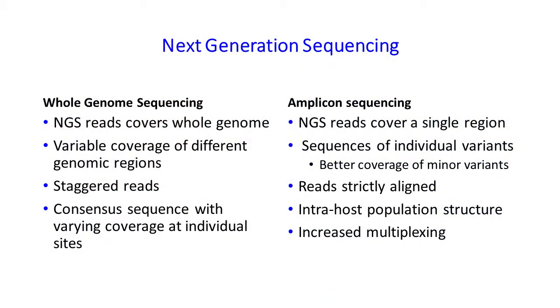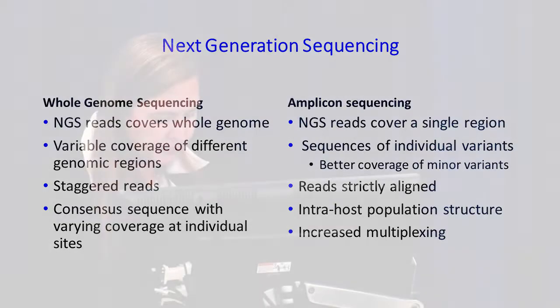As stated previously, there are two approaches for next-generation sequencing: whole genome sequencing and amplicon sequencing. Whole genome sequencing, again, provides variable coverage of the different genomic regions and is useful for large-scale classification of viruses, bacteria, or parasites into genotypes, subgenotypes, and serogroups.